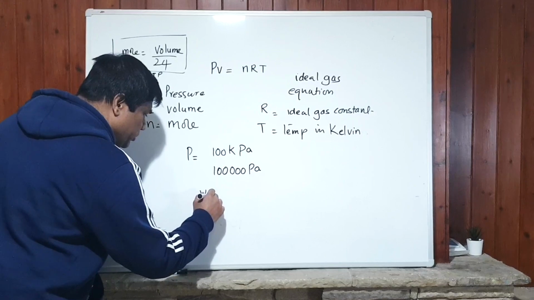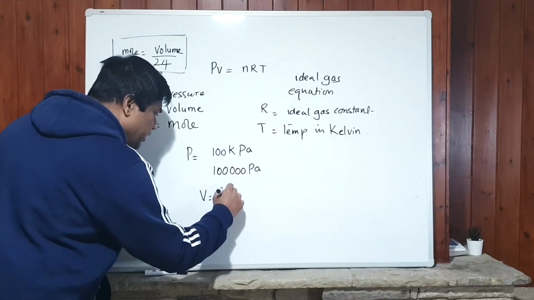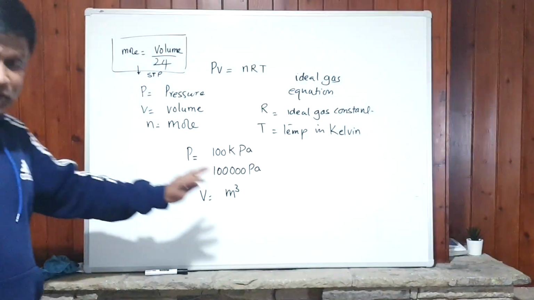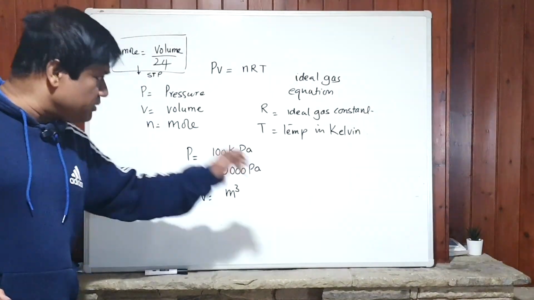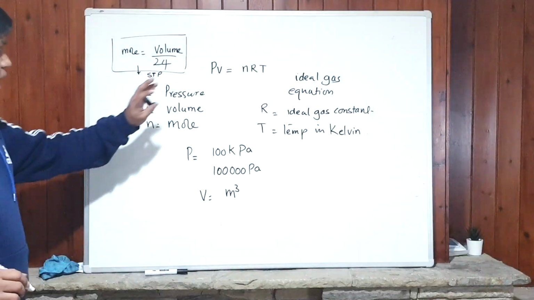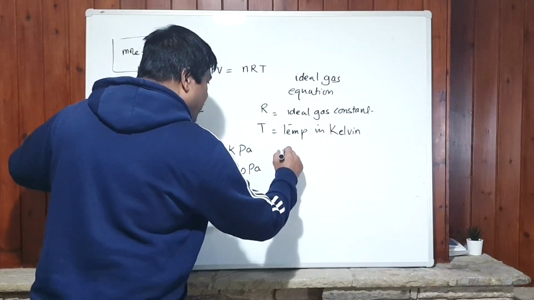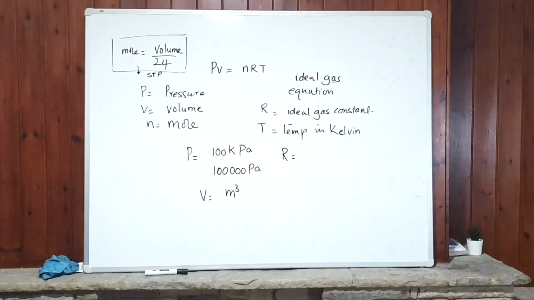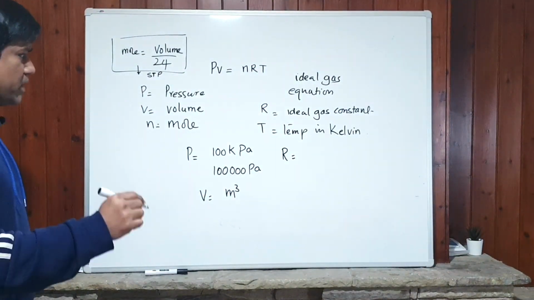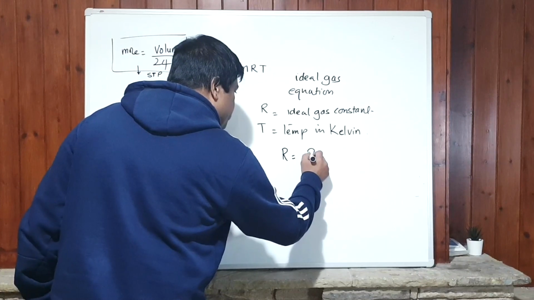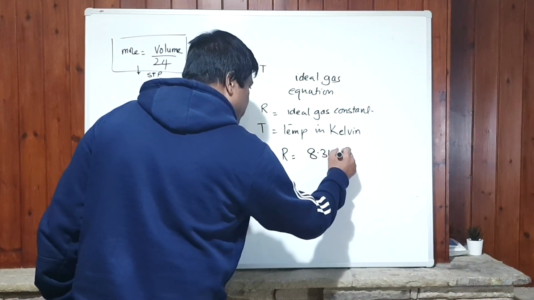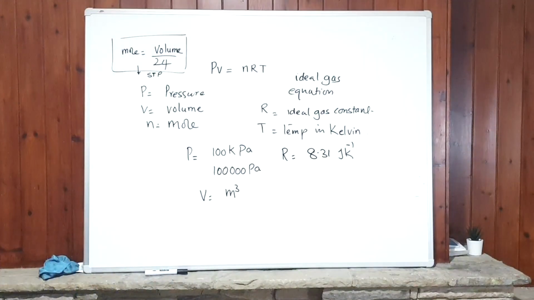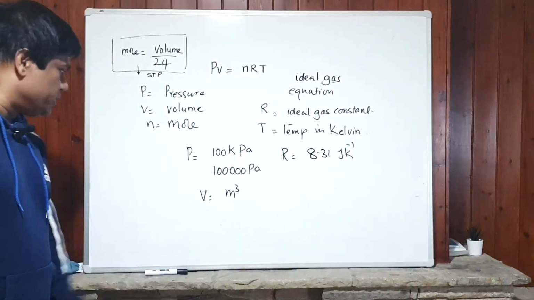The unit for the volume here is meter cube. I will show you the conversion of meter cube to decimeter cube to centimeter cube. No worries. R, what's the value of R? The R value is a constant, which is sometimes given in the question, 8.31 joules per Kelvin. And T is temperature in Kelvin.